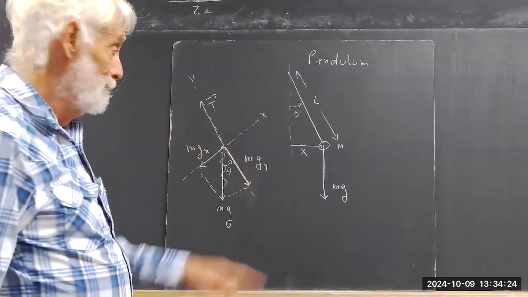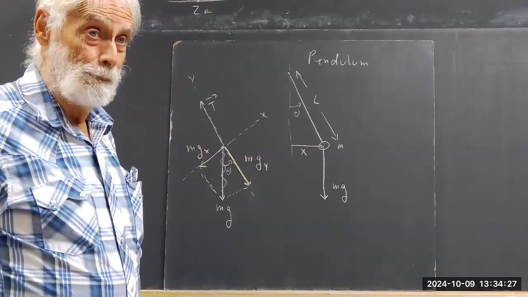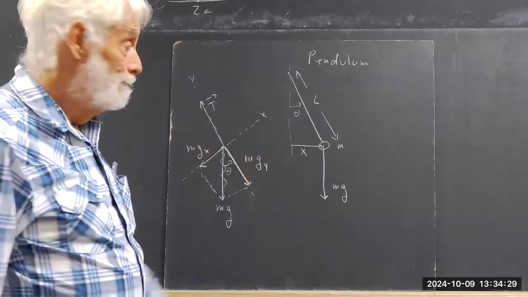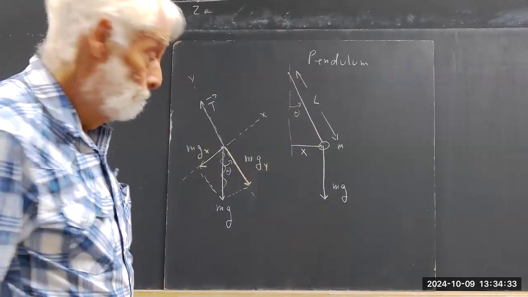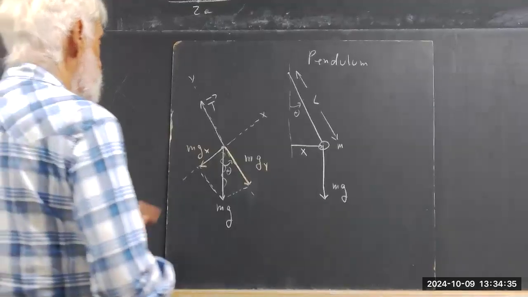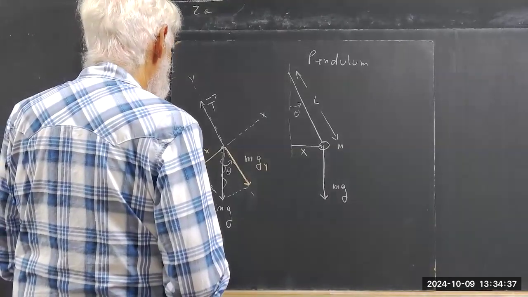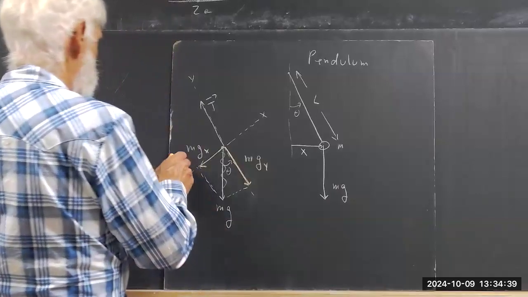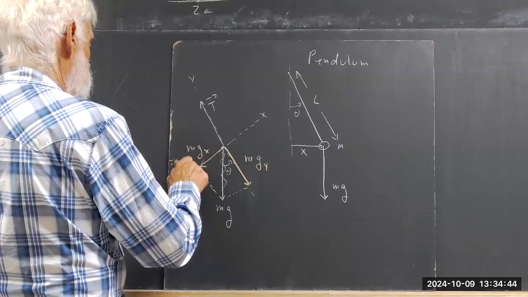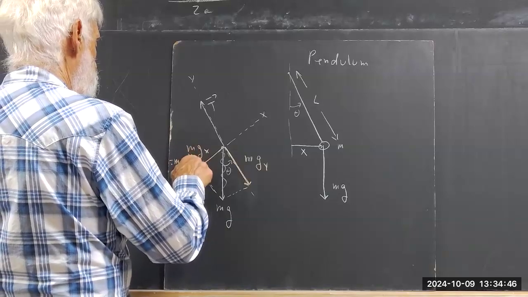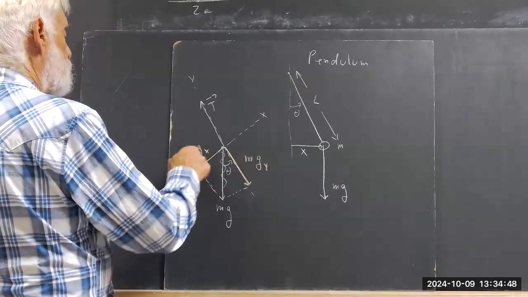X. That's opposite theta. What's the hypotenuse? L. All right. MGX is MG times X over L.